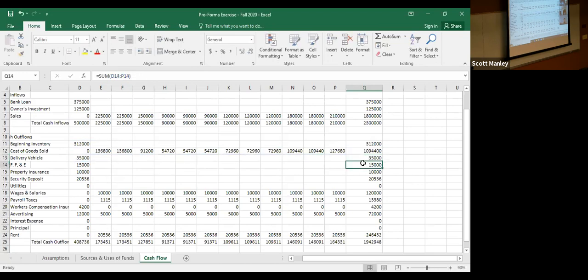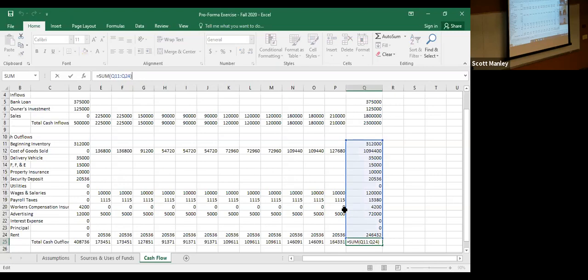D13 through P13, okay? So this column has the sum of everything to the left of it, okay? Then the formula here on your total cash outflows is exactly the same as your monthly cash outflows, because we're totaling up the stuff that's above it.